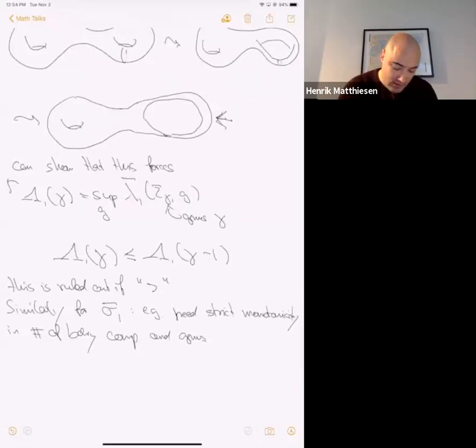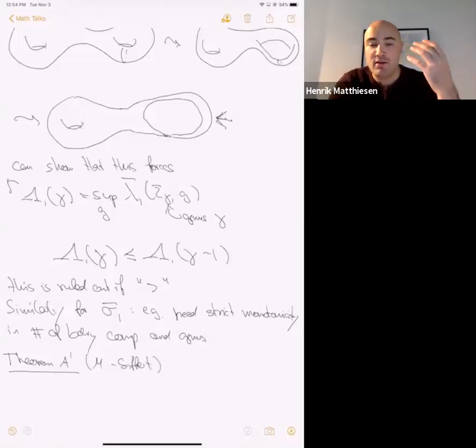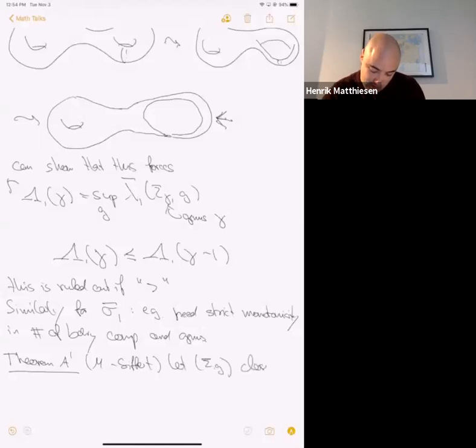So the first one is theorem A prime. It just says that you can always do that. If I have a surface with a given metric, and then I move to genus 1 higher, then I can make this thing strictly increasing. So let's say you start with something closed, and it's almost smooth.